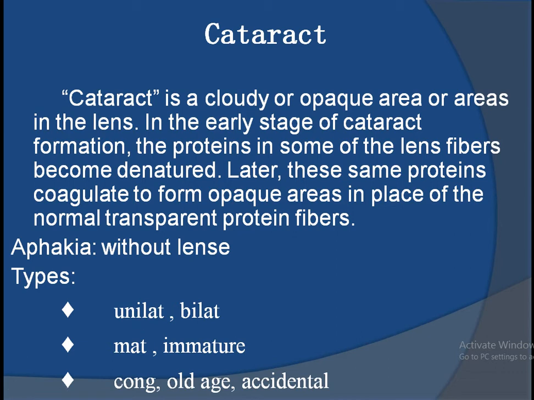It may be mature or immature. When the lens totally becomes opaque, it is called a mature cataract. And if it is grayish or subtotally opaque, it will be an immature cataract.